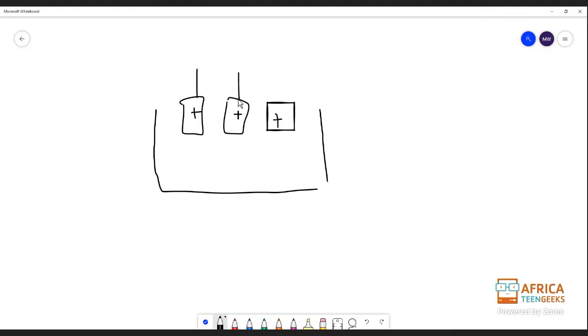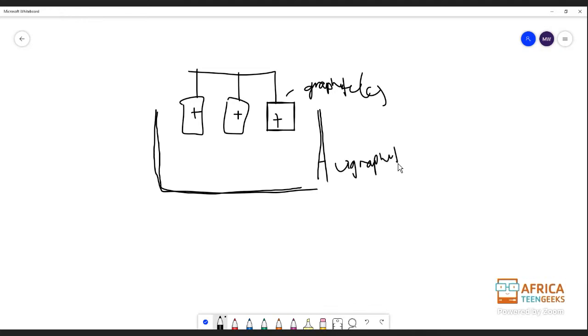They're positively charged and they are made of graphite. And graphite is just a form of carbon. Then your cathode is in here, which is negatively charged, and it is made up of graphite as well. And then in here, you've got your aluminium oxide and you've got your cryolite.